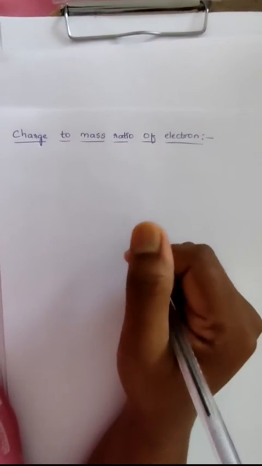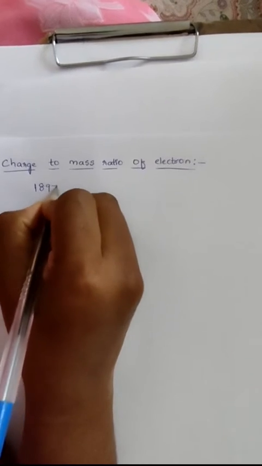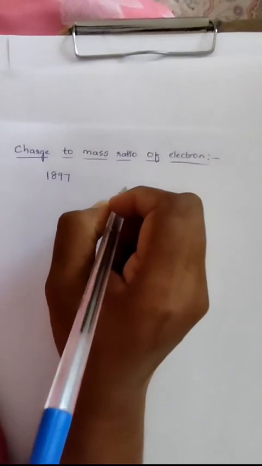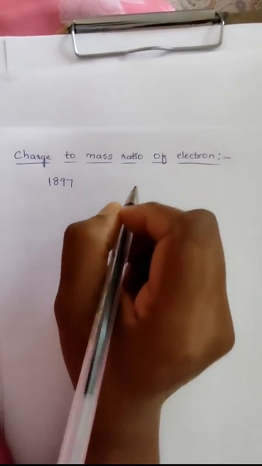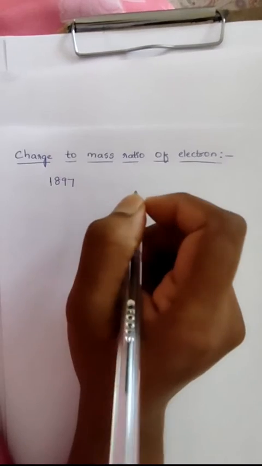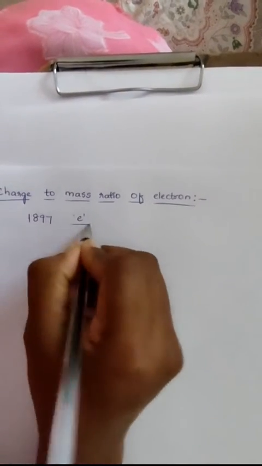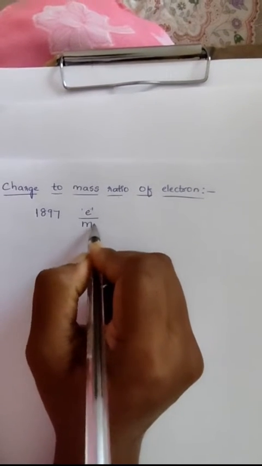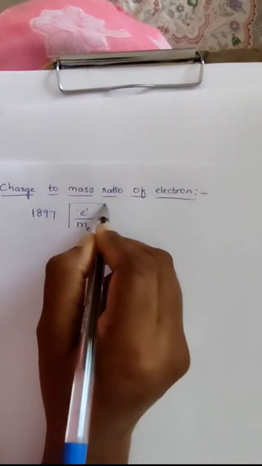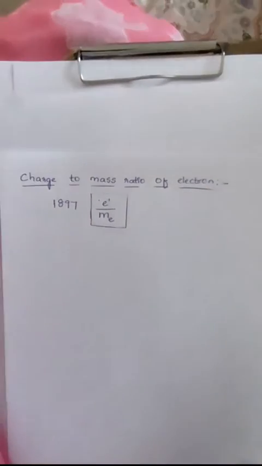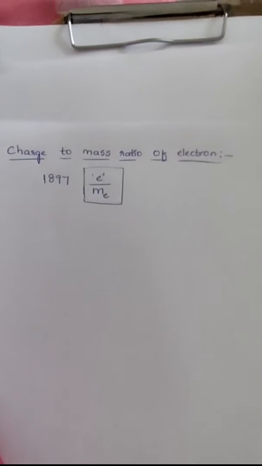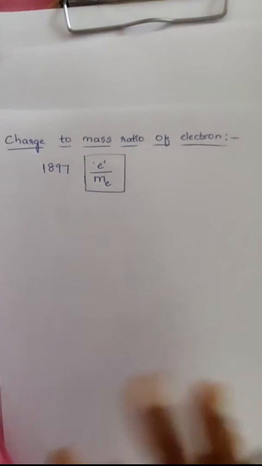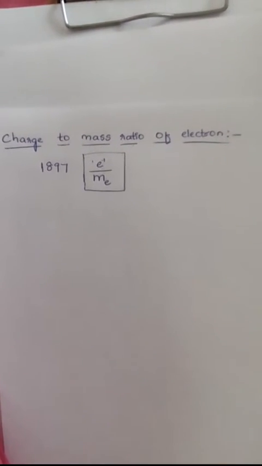Later, in 1897, J.J. Thomson measured the ratio of charge to the mass of the electron, that is charge e to the mass of the electron, where e is charge and m_e is the mass of the electron. We can say it is negatively charged, but how much charge the electron contains and what the mass of the electron is were not known at that time.